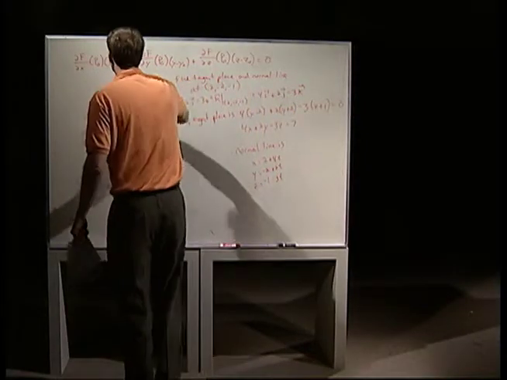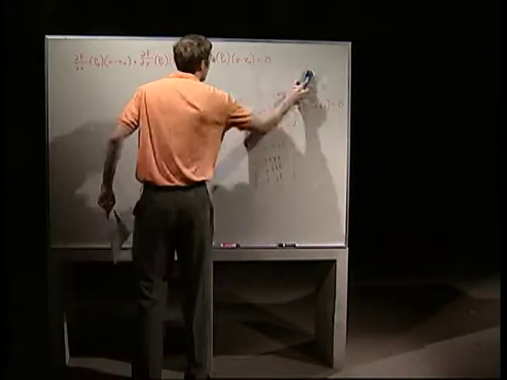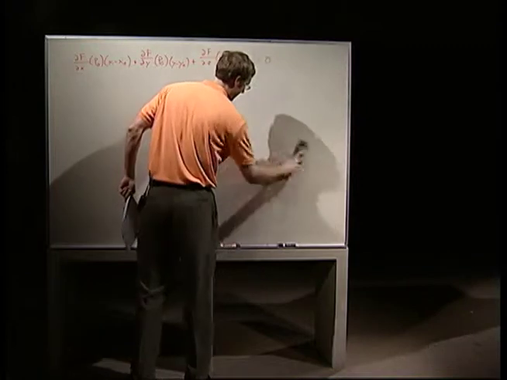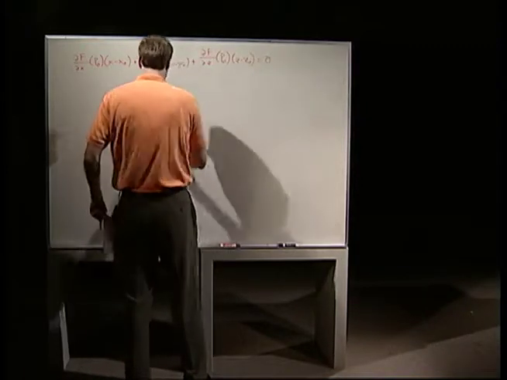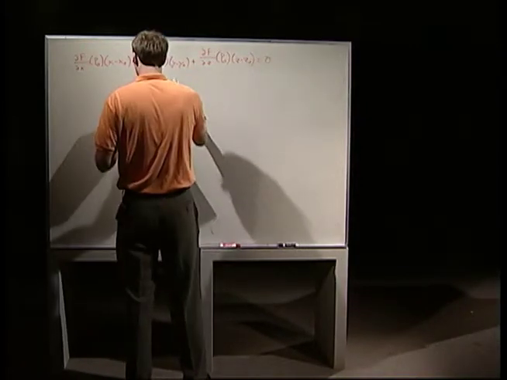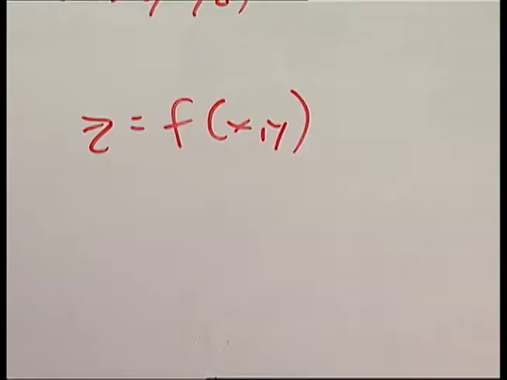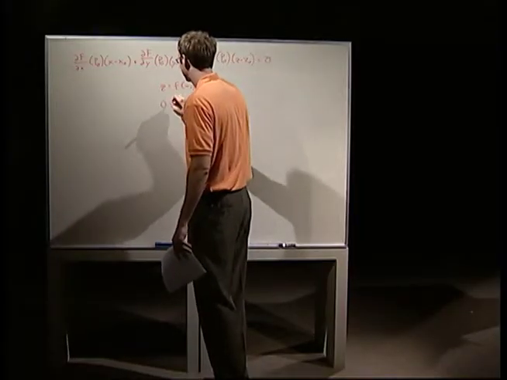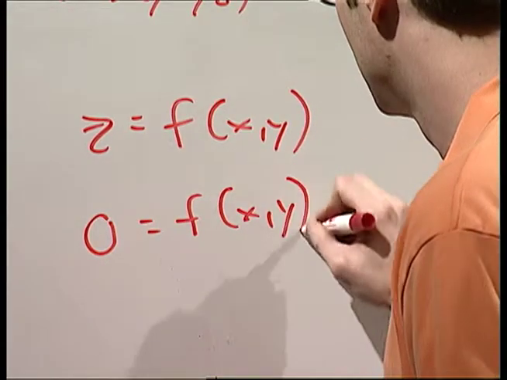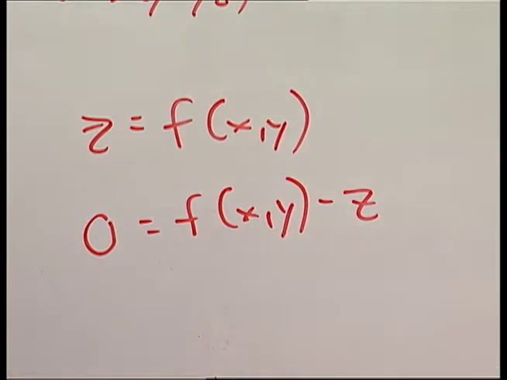So if we have z equals f of x, y, right? Then how did we get a level surface of 3 variables? Well, we just took a minus z from both sides. You move the z over, you get that thing, right?